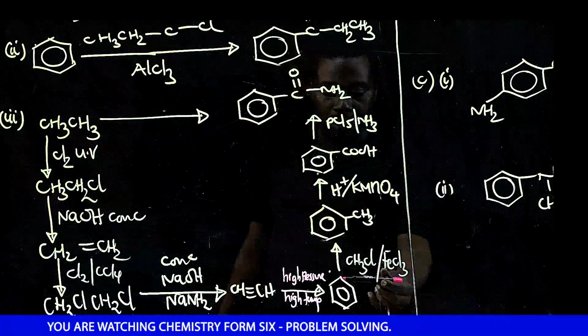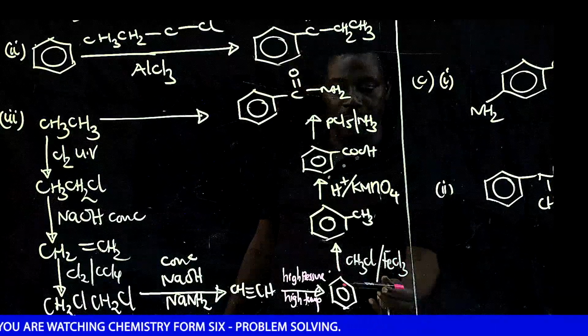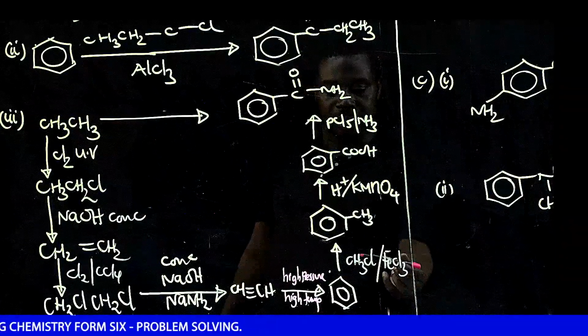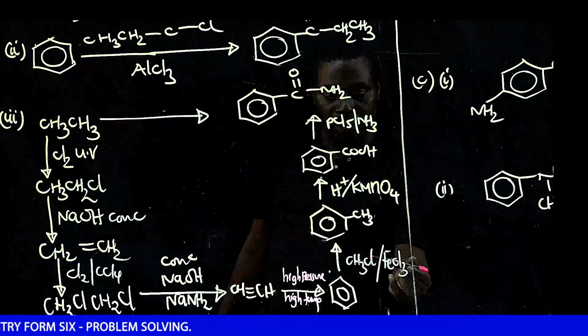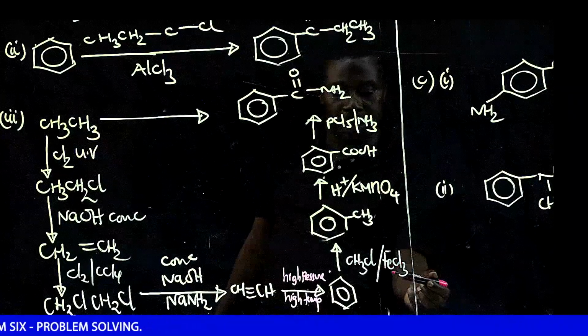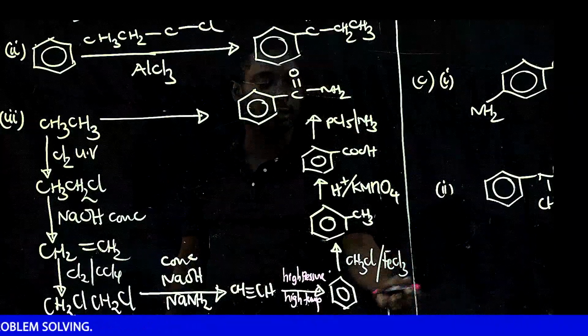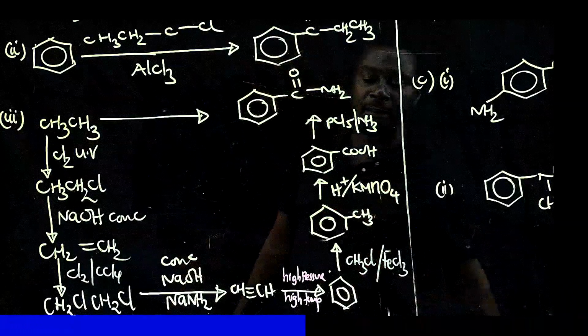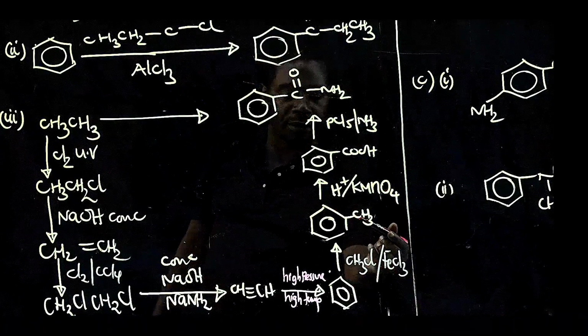So let us start with addition of 1 carbon to the benzene ring. Through alkylation, benzene is treated with methyl chloride in the presence of a Lewis acid, for example iron chloride or aluminum chloride, which forms methyl benzene having 1 carbon.